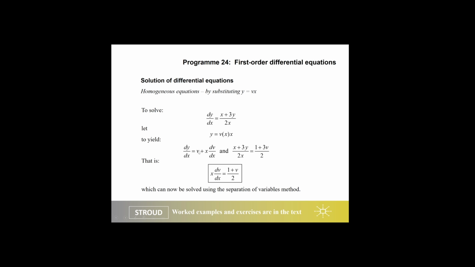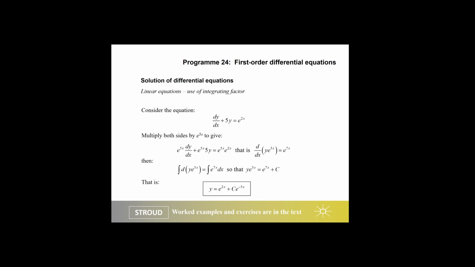We throw over the v, and we get (1 plus 3v) divided by 2, minus v, equal to x dv/dx. And of course, you do the same thing that we did earlier today. Make it one fraction, and you will have this, and this can now be solved using the separation of variables method.